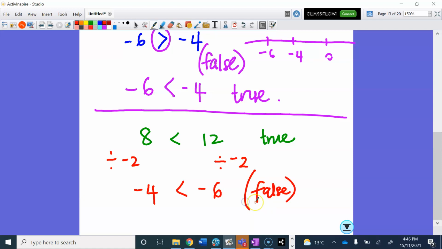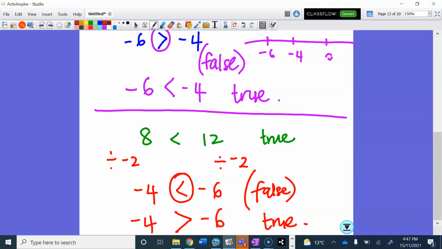So there's some kind of issue here. Every time I try and do something to both sides of the inequality with a negative, it is wrong. It's the opposite to what I want it to turn out. So the only way I can make this back into a true statement is by swapping that sign to the opposite. So negative 4 is in fact bigger than negative 6.